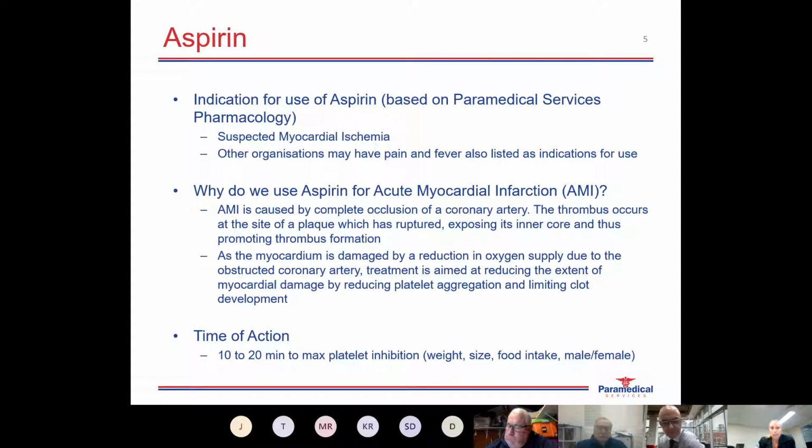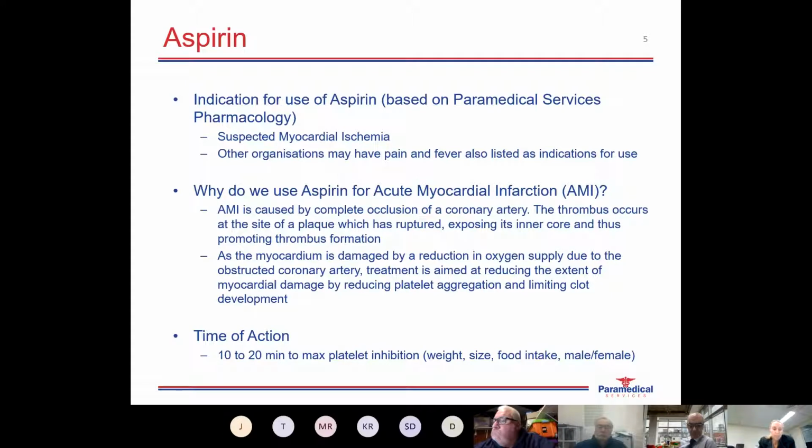As that blockage increases in size, the ability for oxygen to get through is going to decrease. So we use aspirin to inhibit those platelets from aggregating and reduce the size of the clot and limit clots from developing, therefore allowing the heart to receive the oxygen that it needs to continue to do its job.